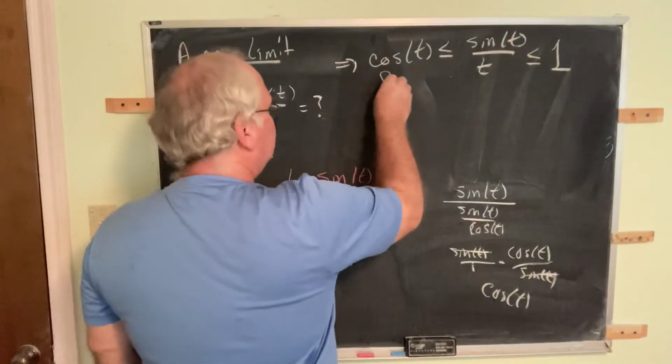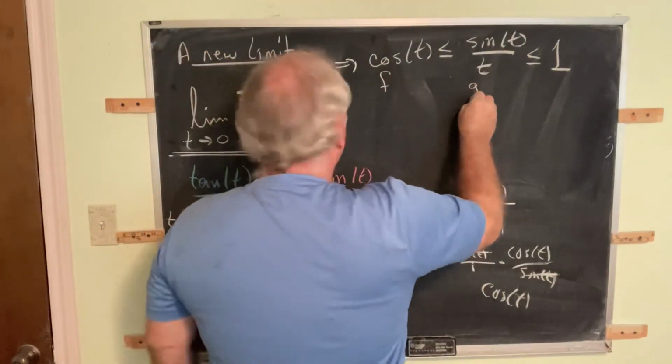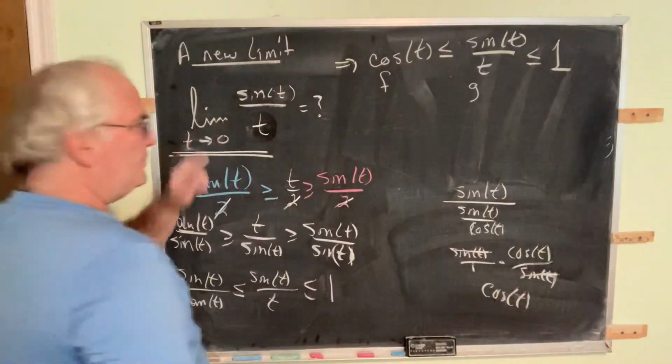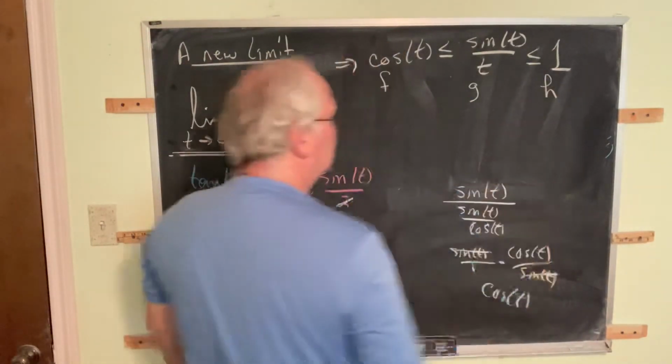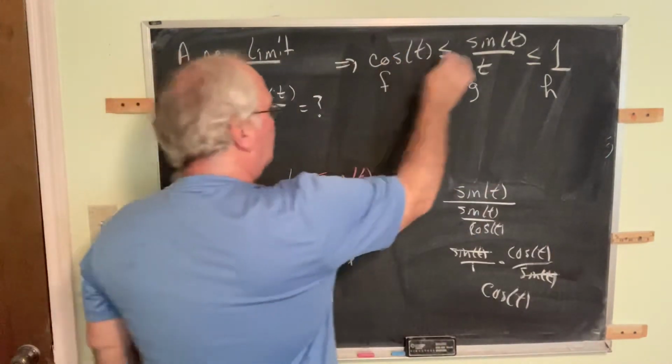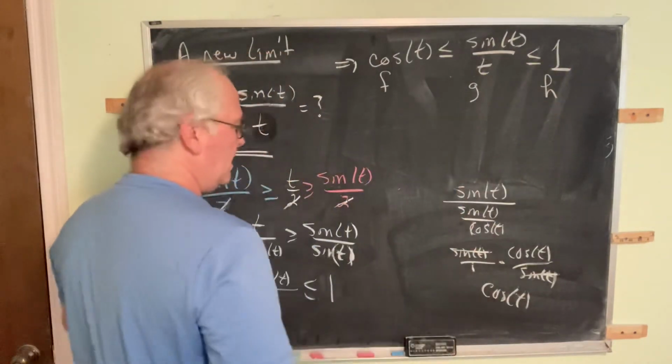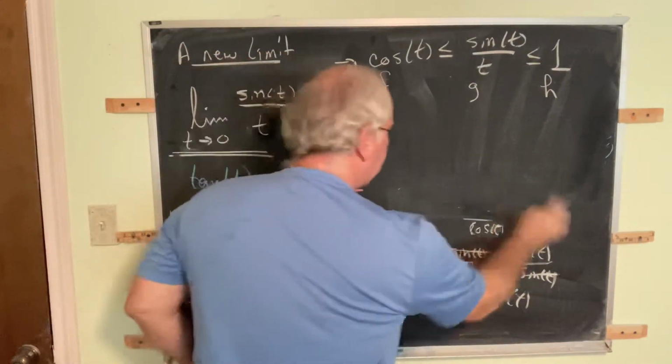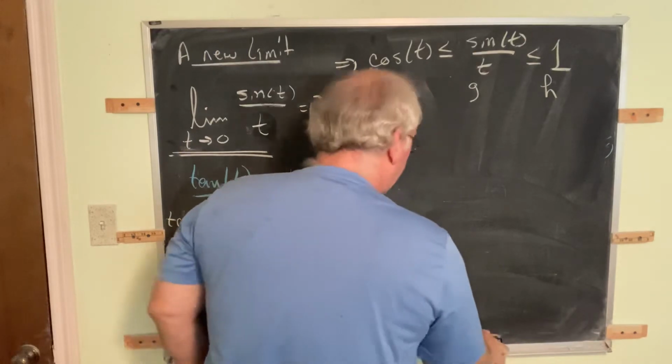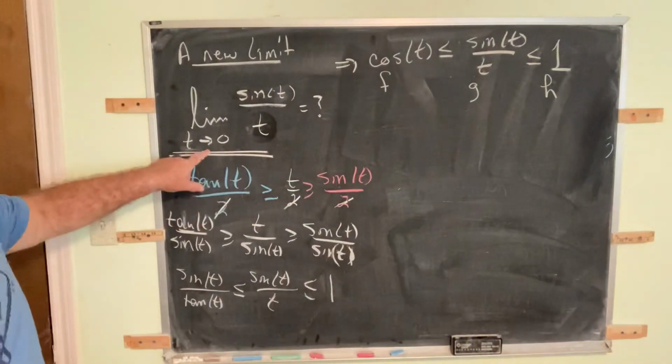This is my function f. This is my function g. This is my function h. Small, middle, large. In order to apply the squeezing theorem, I'm interested in what happens as you go to 0.